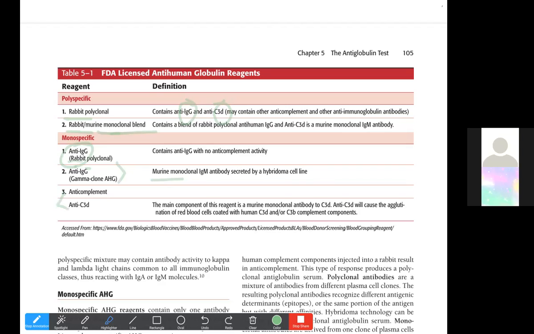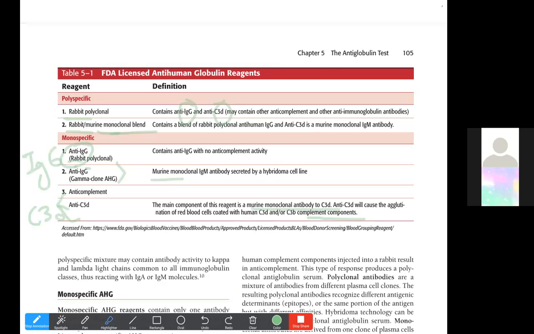If they are monospecific, they could be specific only against IgG, or only against C3d. Those against the complement have as their main component a murine monoclonal antibody to C3d, and this anti-C3d will cause the agglutination of cells coated with human C3d complement components.